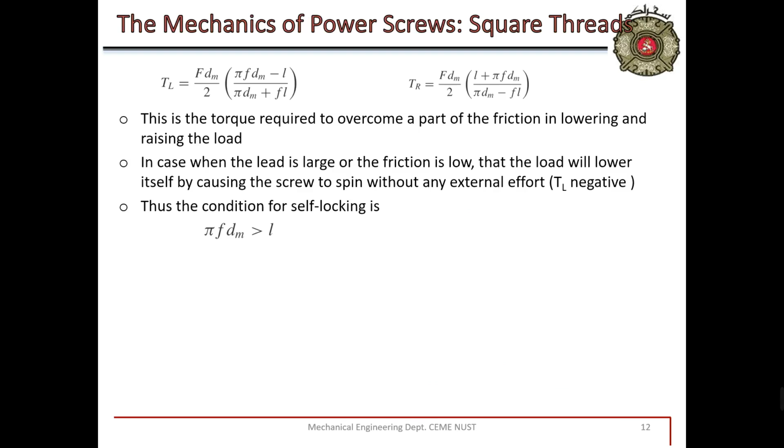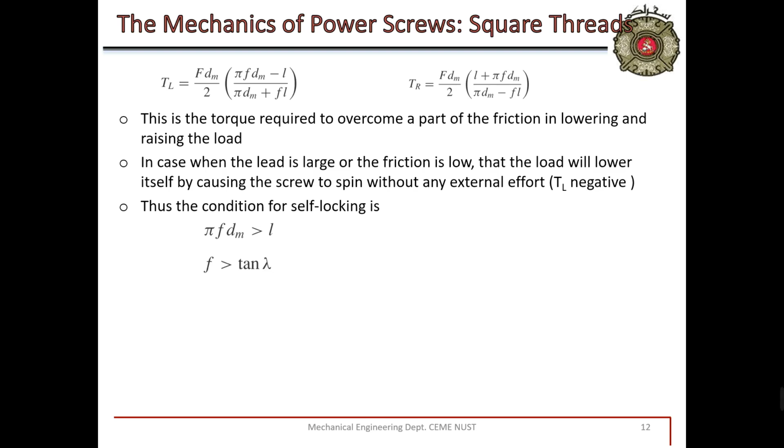For example, self-locking was the main concern for the power screw, because if there is not sufficient self-locking, there is no sufficient locking mechanism. For example, if you are lifting a car with a power jack and it is not self-locking, then the car will fall down without any application of torque or force.